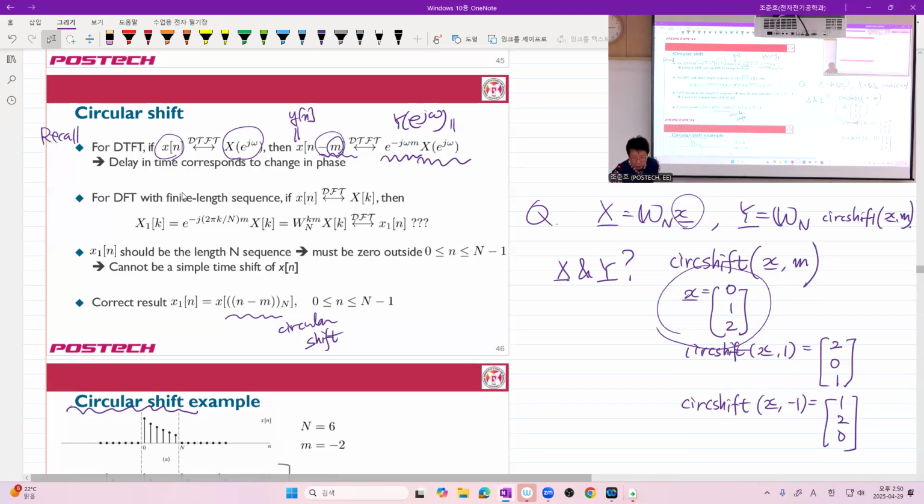So let's say that x1, where is x1? Yeah, it's confusing. So let's see. This is the definition. So x1 is what? Is it really downshift or upshift?